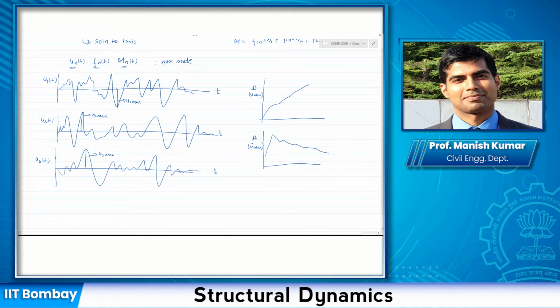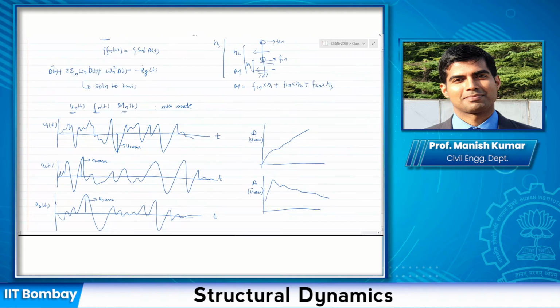Okay. The question becomes, we can combine different modes and find out the displacement as a function of time, and the time variation. How can I utilize the response spectra, which is the peak response, so that I can also find out the peak response of a multi-degree of freedom system?